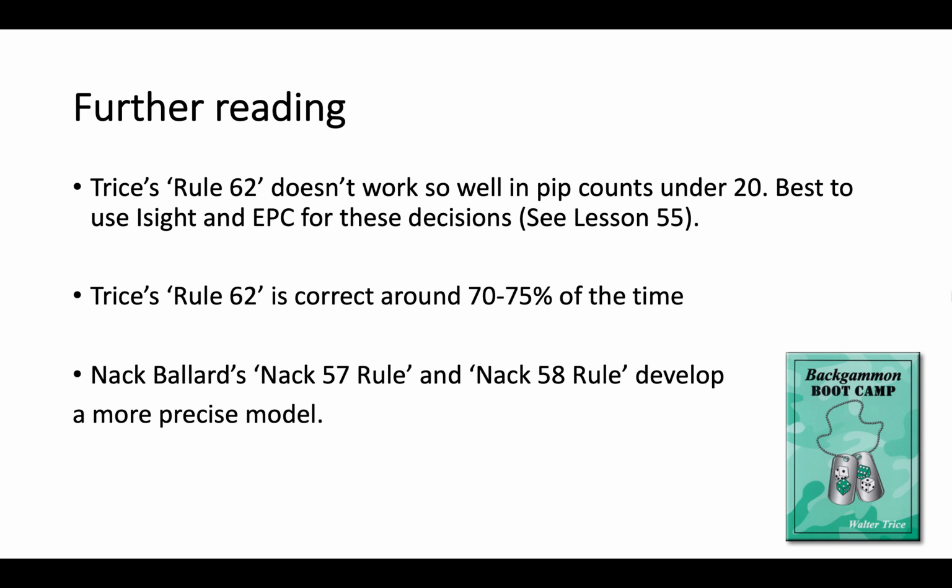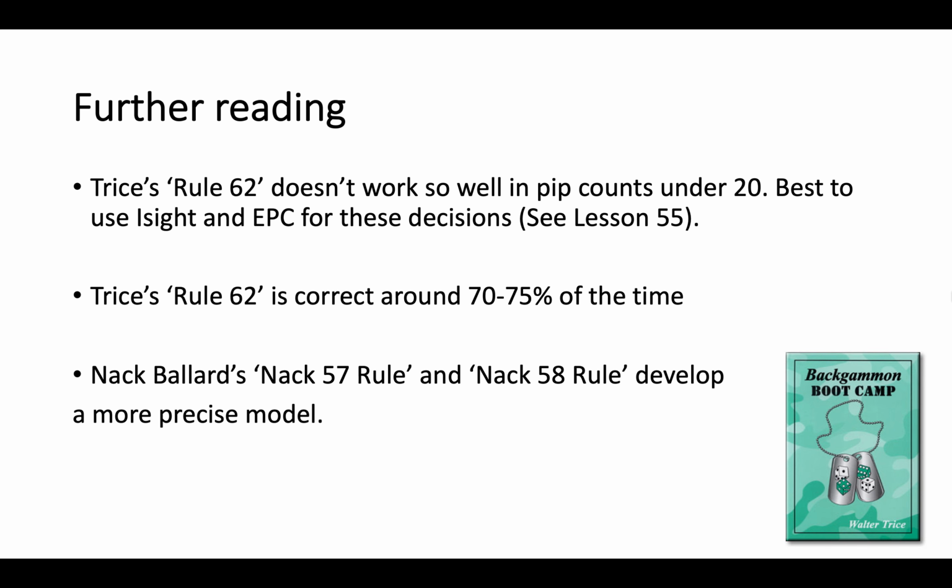Definitely worth checking that out, looking at eyesight when you take into account wastage or when you have more checkers borne off. And Trice's Rule 62 is correct around 70 to 75% of the time, but it's better than knowing nothing. So certainly better to know something in these positions than know nothing at all.